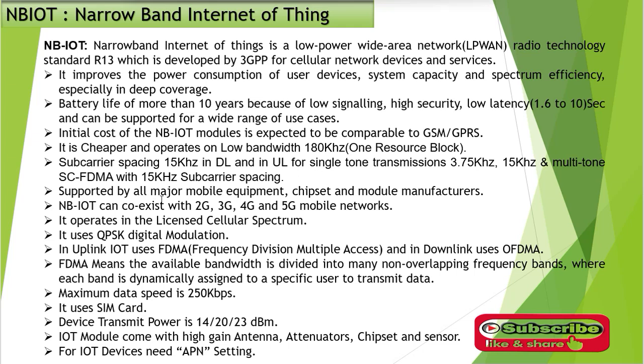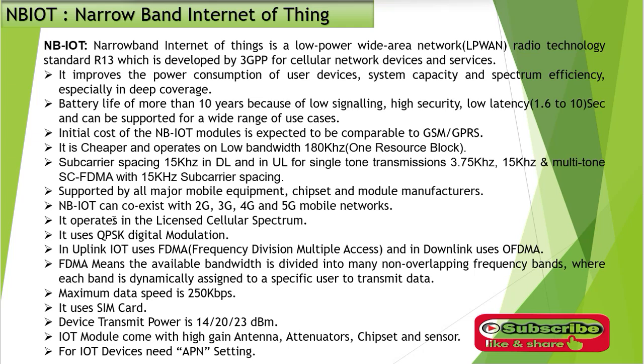It is supported by all major mobile equipment, chipset and module manufacturers. NB-IoT can coexist with 2G. We can install it with 2G, 3G, 4G or 5G mobile networks. It operates in licensed cellular spectrum, and it uses QPSK, quadrature phase shift keying digital modulation.